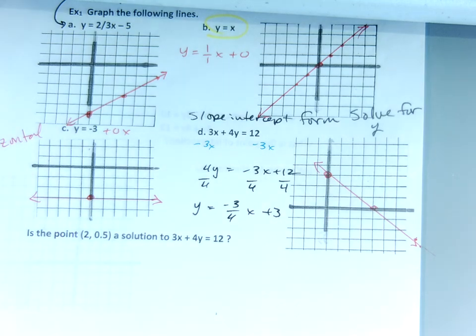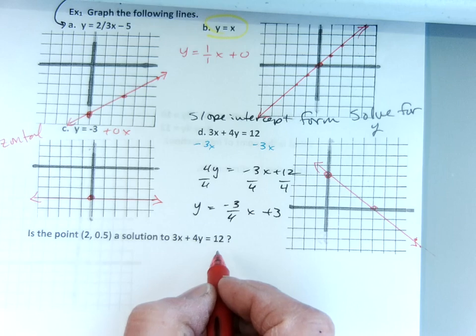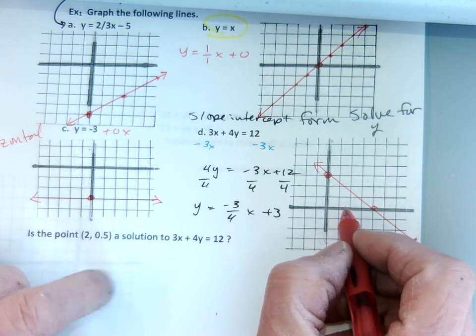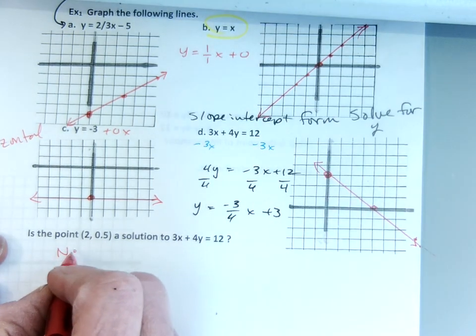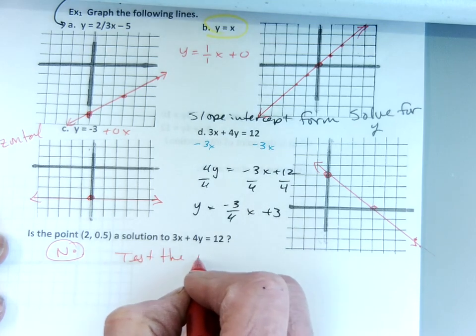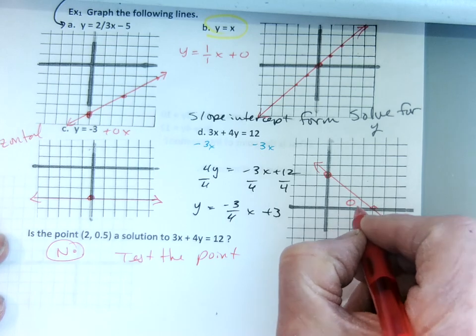Okay, now, next one. Is the point (2, -0.5) a solution to this? Well, there's two ways. We can try to figure it out: (2, -0.5) does not look like it does. I would say probably no, because it's right about here. Or we could test the point. Sometimes you can't tell, but I'm pretty sure right about here it's not.